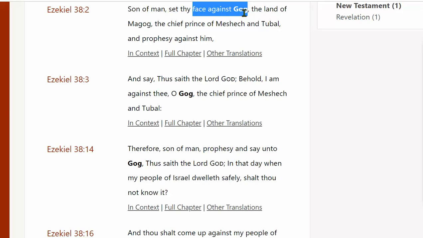But the Gog we are looking at here is not at the time of Japhet and Gomer and Magog. This is in the future, past 70 AD, after the second temple was burned. The last temple was burned by the Romans.